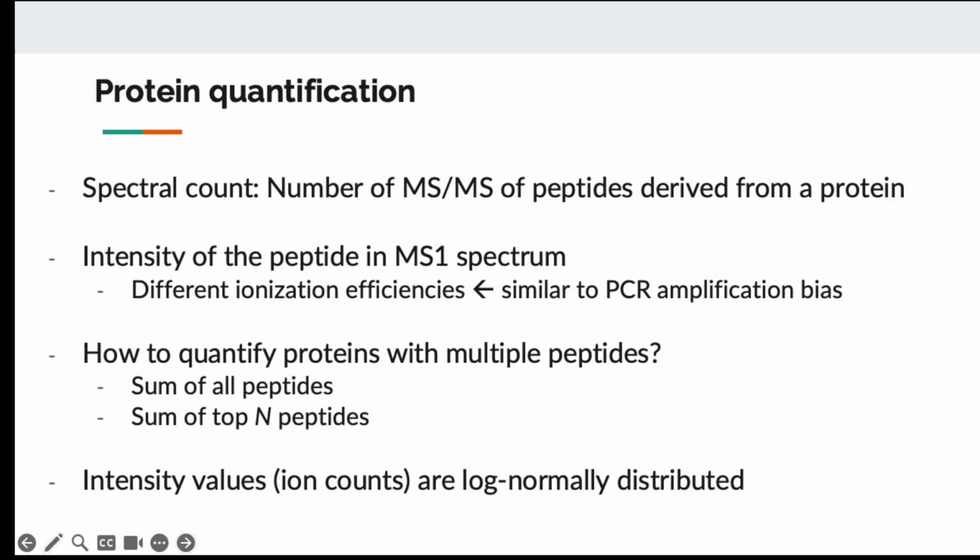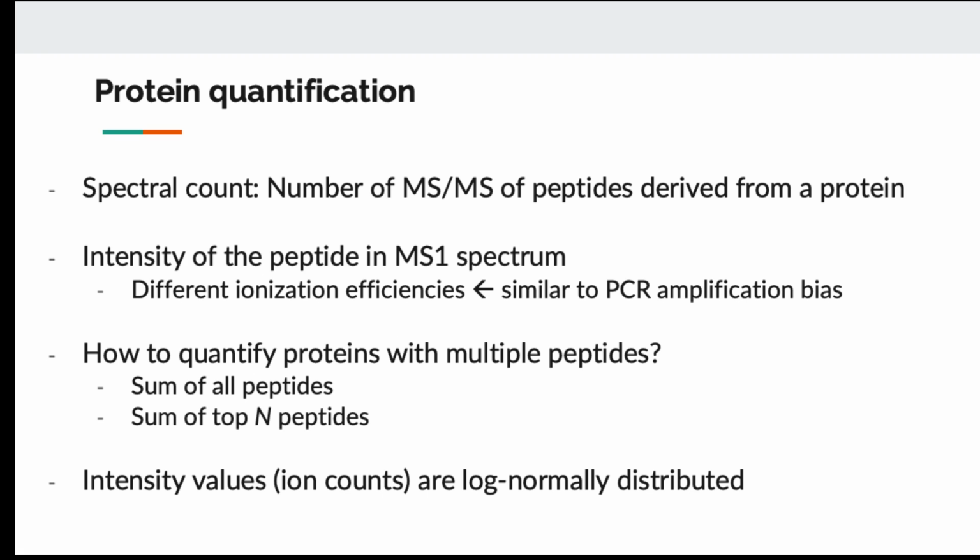So it will generate more than one spectrum for that protein or peptide. So the number of spectra is also a proxy for the abundance of the protein and peptide. The intensity, which is an approximation of the ion count or the molecule count for the peptide, can also be used to measure the abundance of the protein.